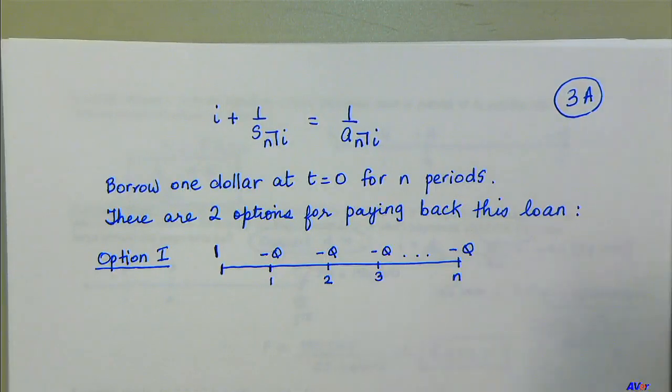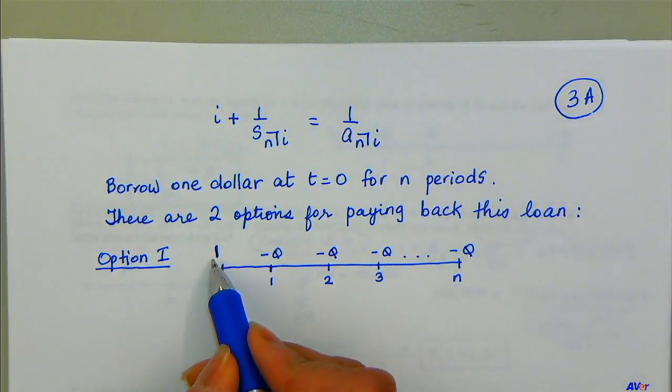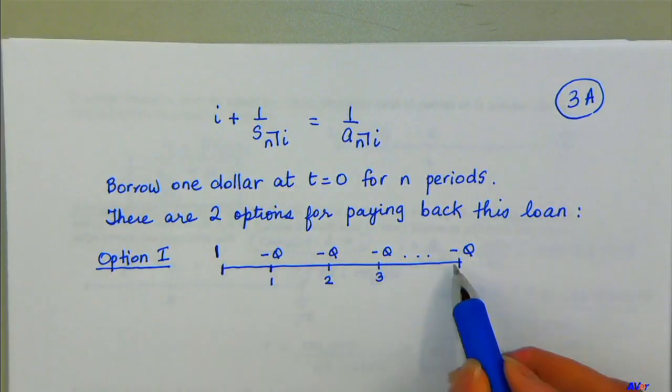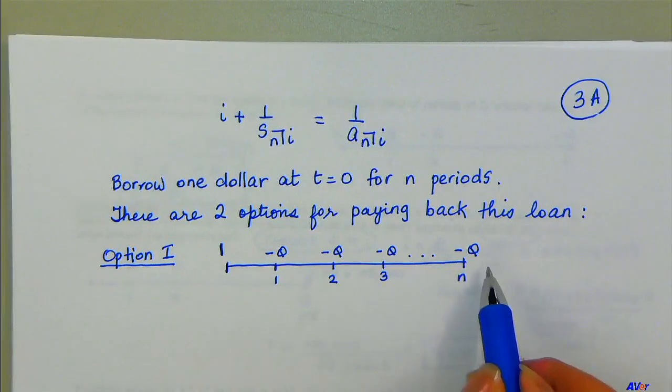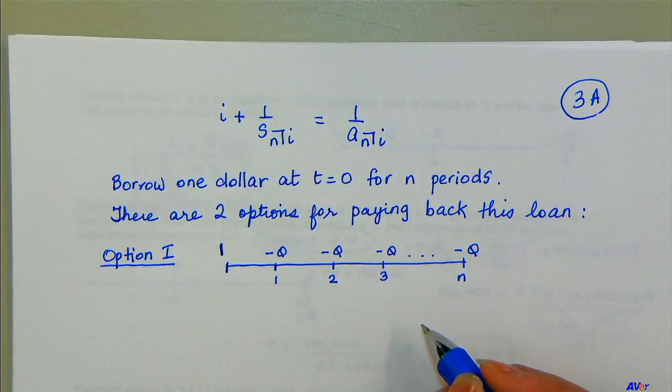So I borrow $1 at time 0, right? Here's the dollar that I'm borrowing. And I intend to pay back this loan over n periods with a payment of Q. Can you give me a time 0 equation such that I can solve for Q? Any idea?